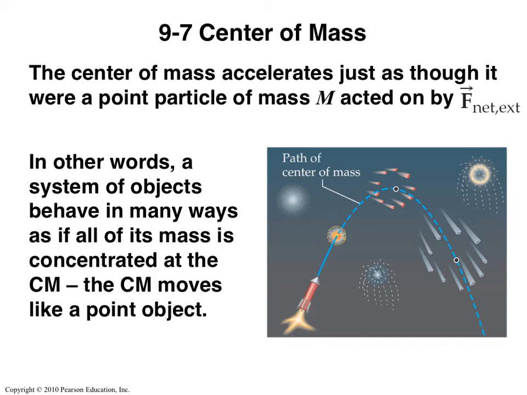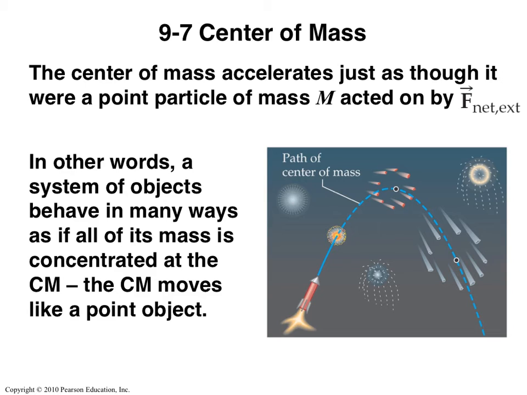Now you will celebrate the 4th of July very differently, because this is an example of center of mass motion. You know that when you have all these fireworks, they shoot something up into the air, and then it explodes, and you see all these pretty colors and patterns.